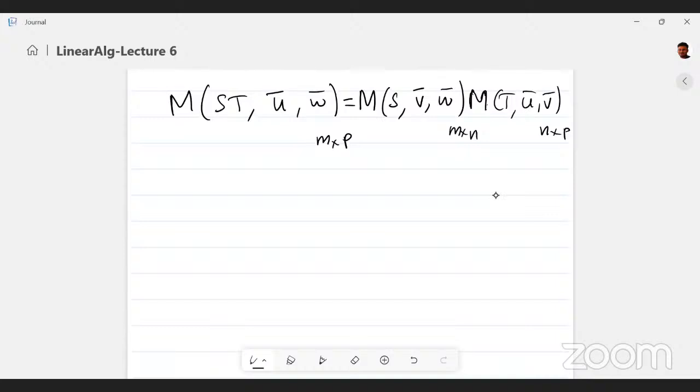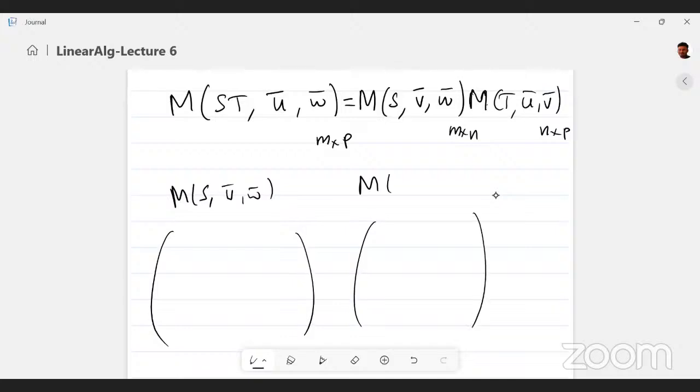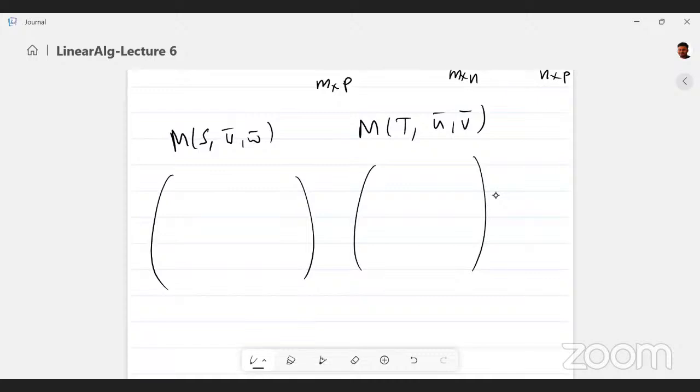Okay, so how do you do this matrix multiplication? Suppose I take this matrix of S with respect to V bar and W bar, then it will look like something like this, and then this matrix of T with respect to U bar and V bar looks like something like this. Then if I want to calculate the ijth entry of this product, then I will look at this ith row, and then I will look at this jth column.